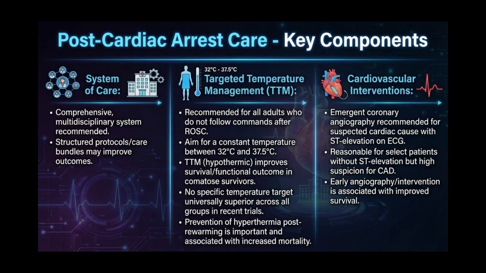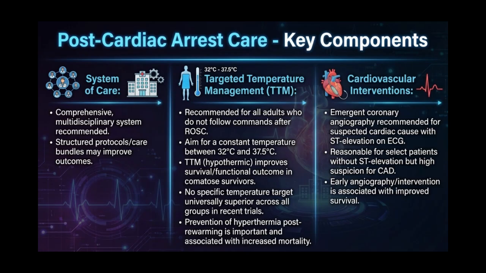Recent large randomized controlled trials comparing a target temperature of 33 degrees Celsius to normothermia, which includes fever treatment, or to moderate hypothermia set at 31 degrees Celsius versus mild hypothermia set at 34 degrees Celsius in predominantly heart-related cardiac arrest patients with shockable rhythms, did not reveal any significant differences in either functional outcomes or mortality rates.